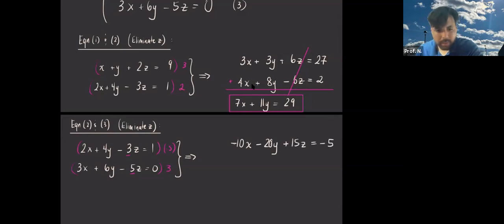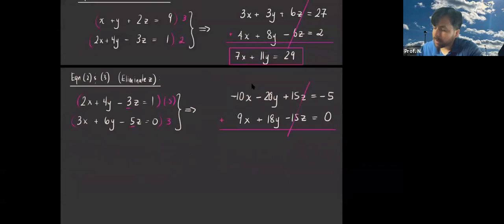And then the next equation would be 9x plus 18y minus 15z equals 0. Then when we add this, what happens? The z's cancel, and I'm left with -x minus 2y equals -5.